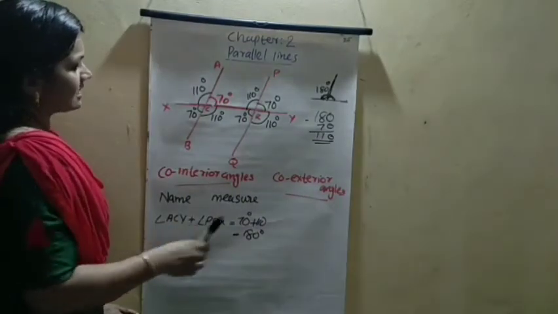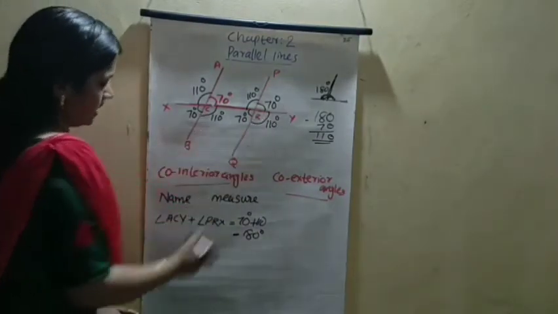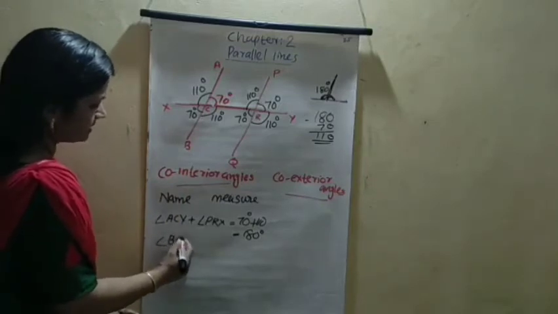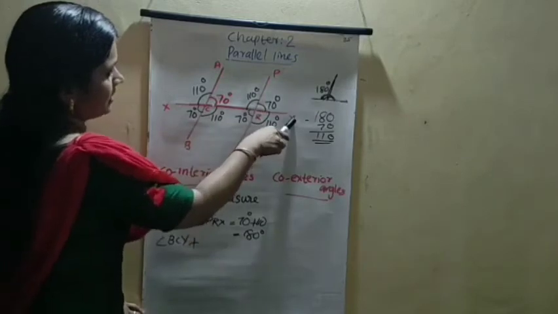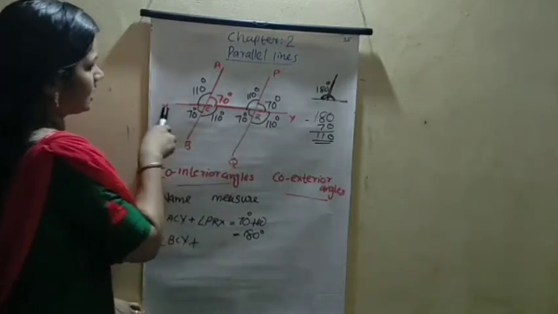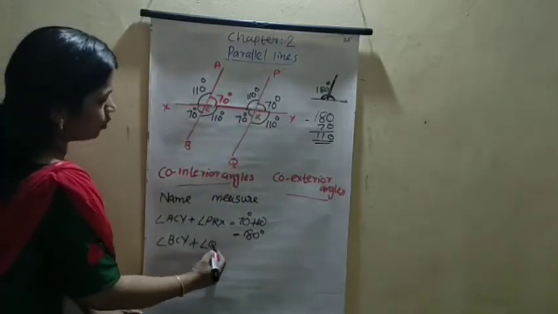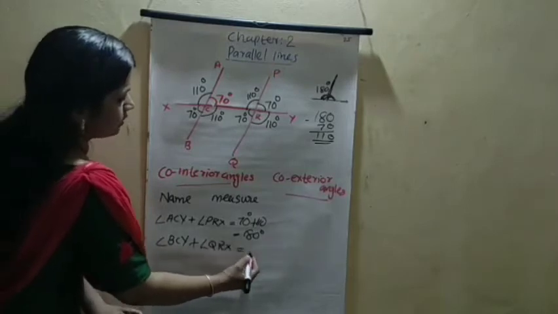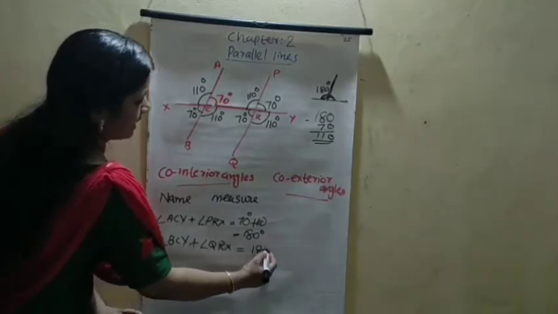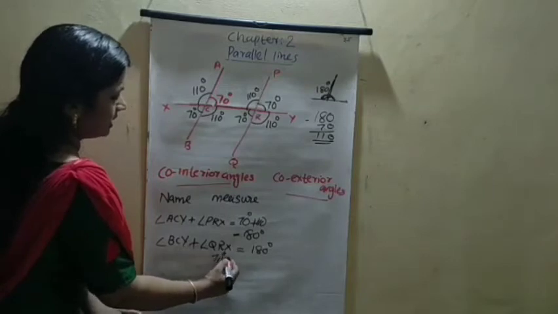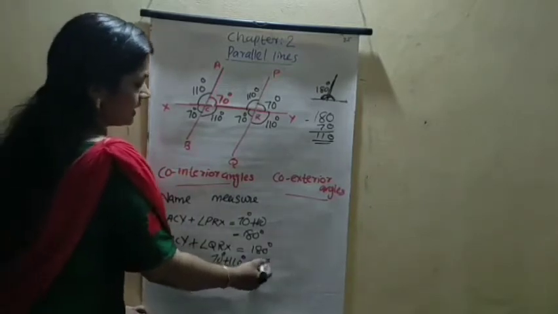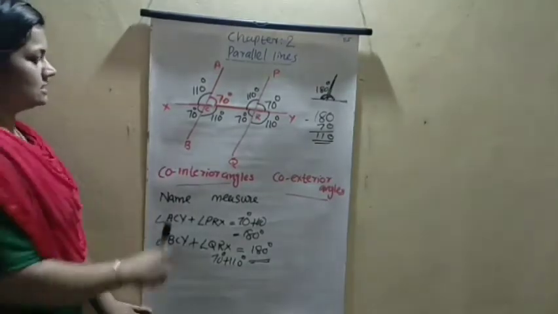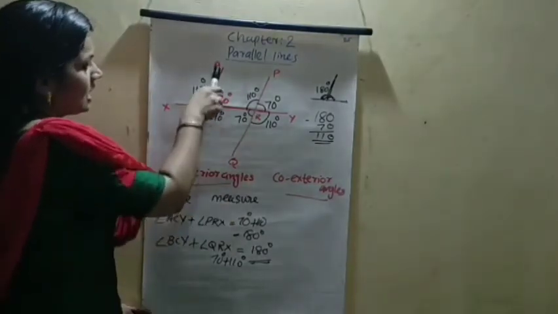Next, what is the next pair? Angle BCY plus angle QRX is equal to 180 degrees. So 70 degrees plus 110 degrees equals what? 180 degrees. Understand?